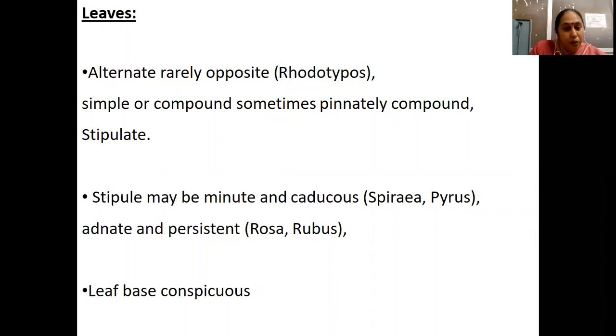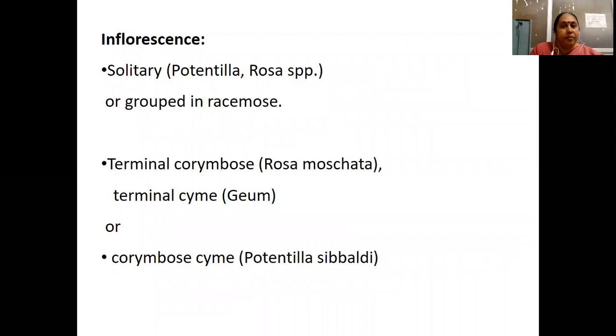Leaf base is conspicuous. Next character, that is inflorescence. Inflorescence is usually a solitary cyme, for example in Rosa species and Potentilla, or they may be grouped in racemes. In some species of Rosa, they may be terminal corymbose or a corymbose cyme.